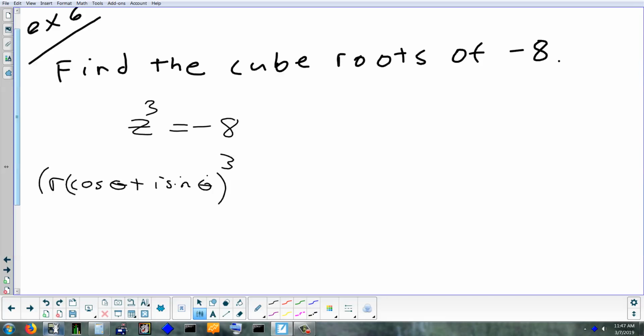And technically I should do it like that, all of that to the 3rd power. And now on the right side, you want to take -8 and turn it into trig form. What's the real part of -8? Yeah, -8. What's the imaginary part?